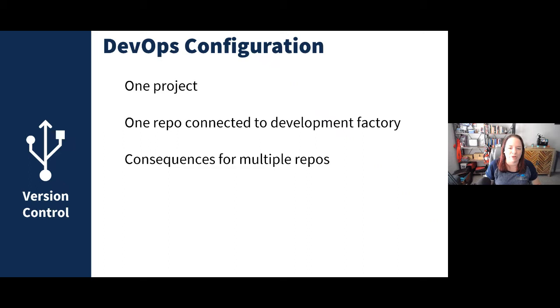So what we mean by multiple repos is, let's say you have dev, test, prod. You have a repo for dev, a repo for test, and a repo for prod. And some people think that's a good idea for disaster recovery purposes, in case somebody makes a change in test and it doesn't get pushed back, or a deployment goes bad, and you want to have the most recent thing readily available.